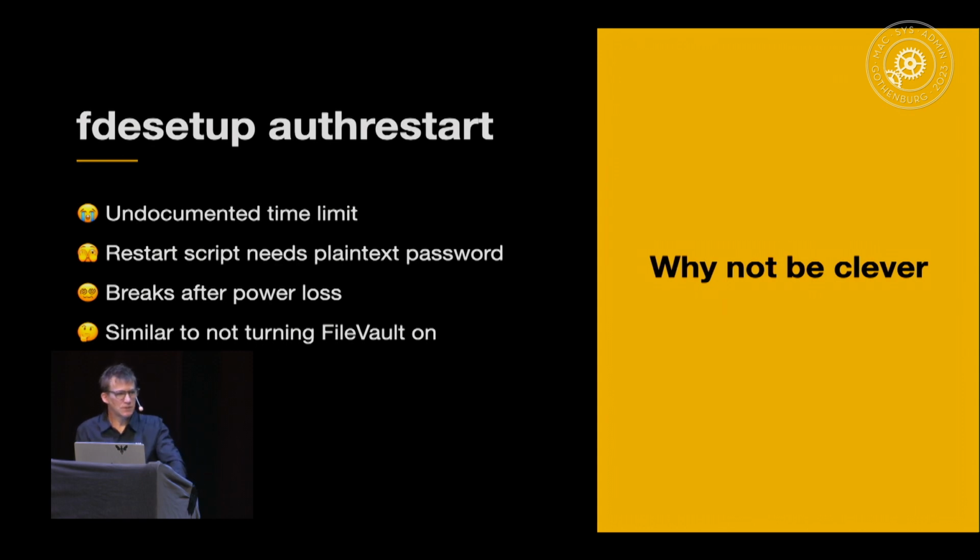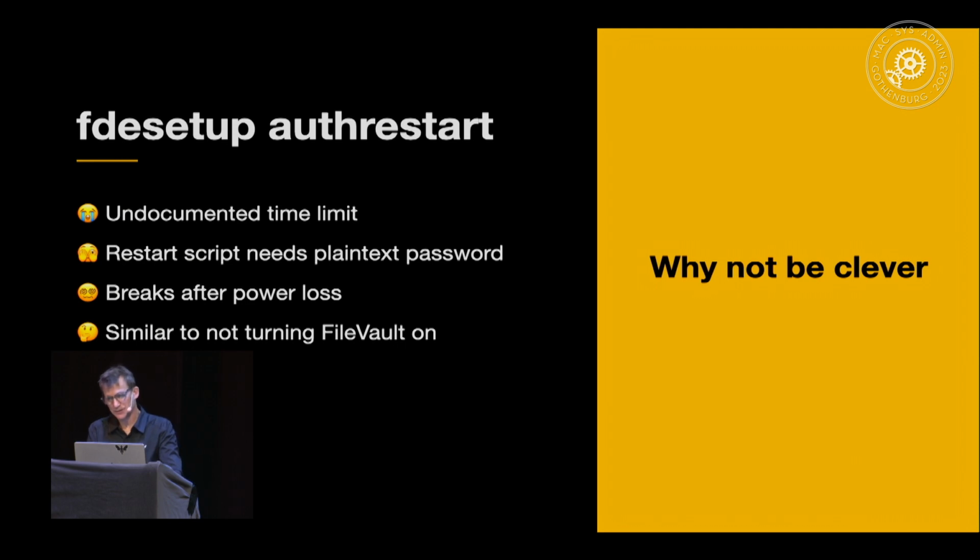You might be thinking, well, we're pretty clever in this community, and I've seen some solutions and scripts out there that use fdesetup authrestart. So if you use fdesetup authrestart, provide a username and password of a user who's authorized to log in at the FileVault login window, then you can programmatically restart and have FileVault have the volume unlocked at the login window.